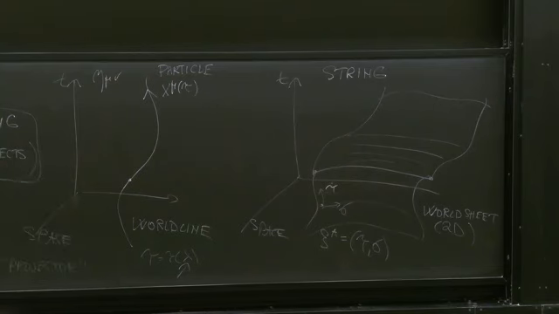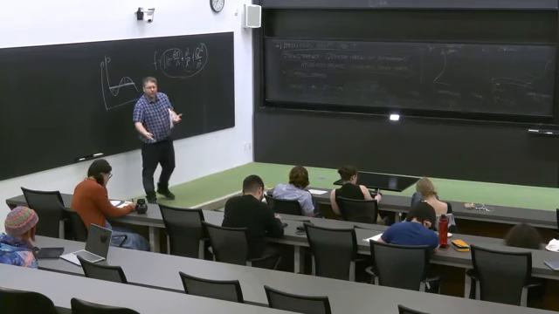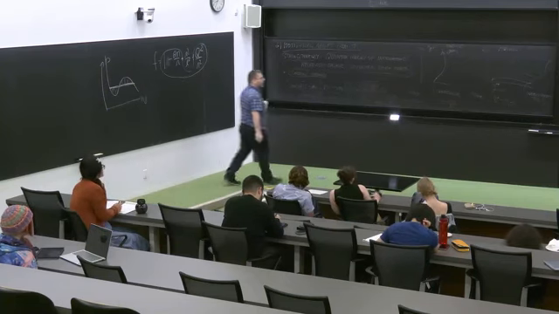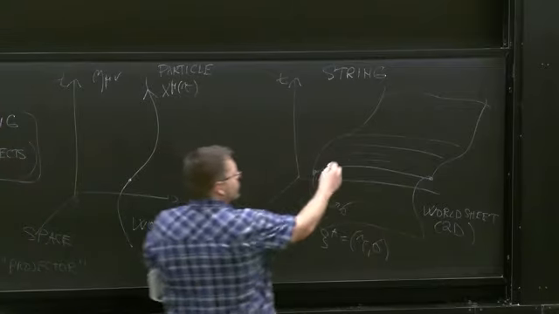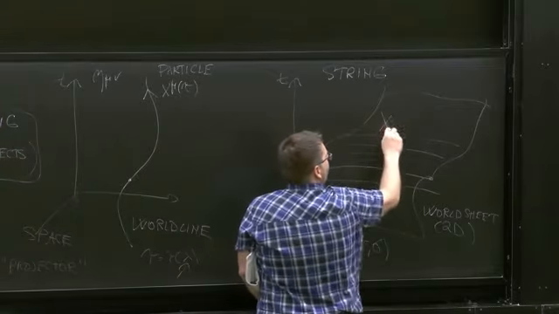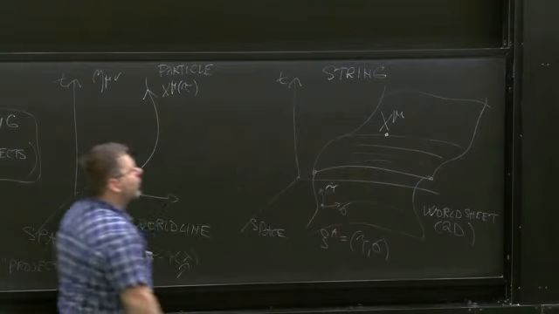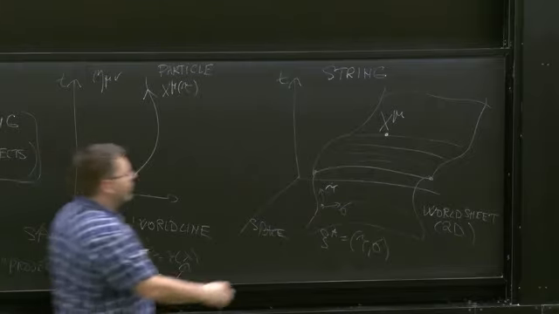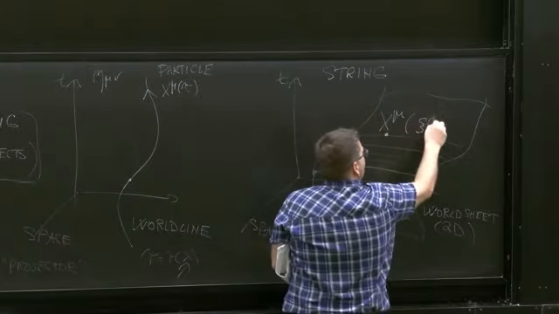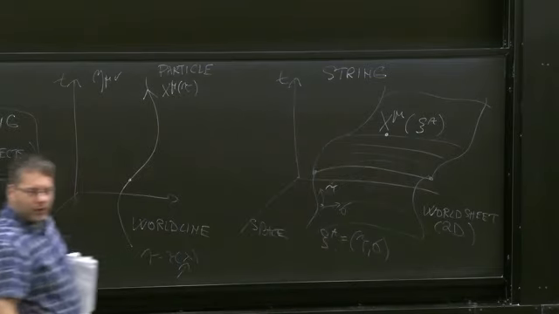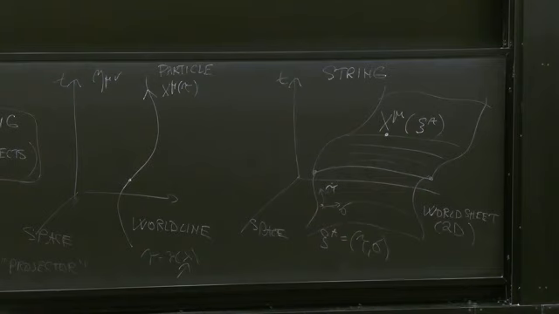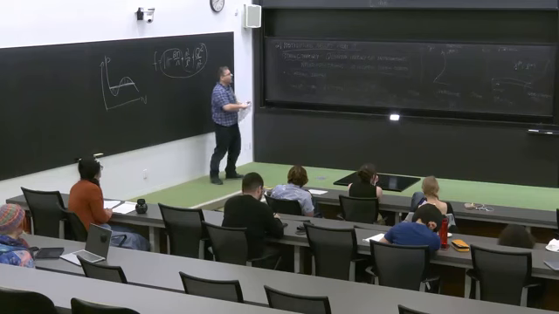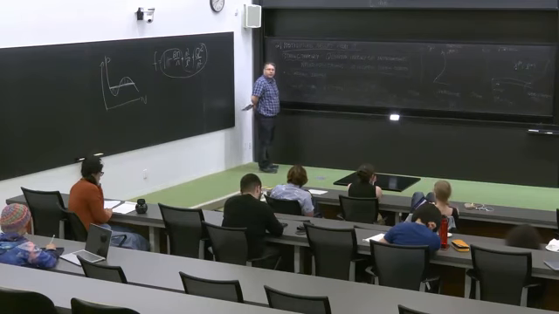If I want to describe how this sheet looks in my Minkowski space, I want to describe this point. That point has some coordinates in my Minkowski space, x mu, and how they behave as a function of psi a. That's my description of a one-dimensional object.